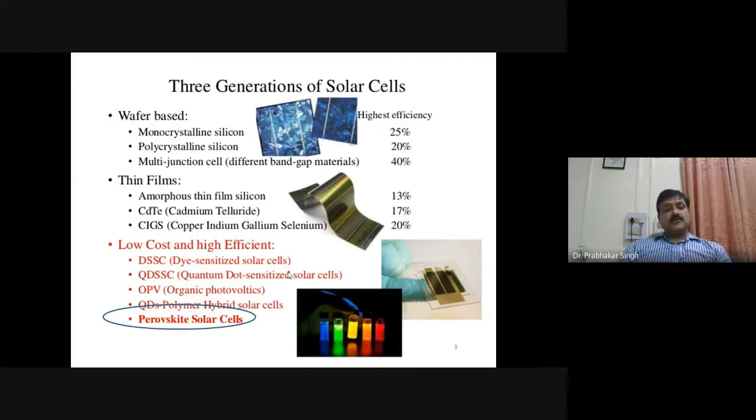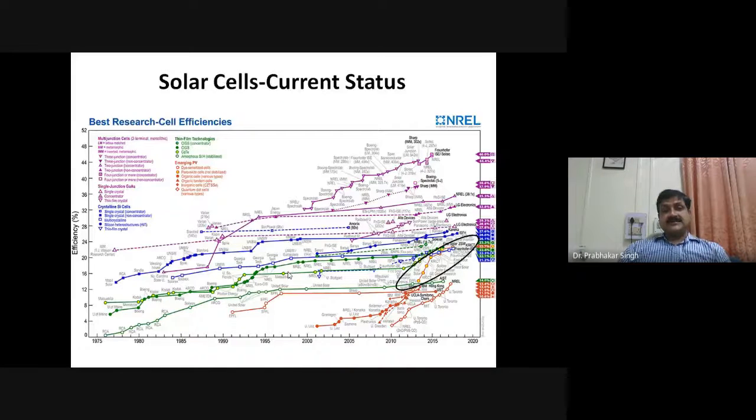Now, around 2014, I think the perovskite solar cell came into the picture, and a lot of work has started in this field because you can see the growth. The solar cell current status.